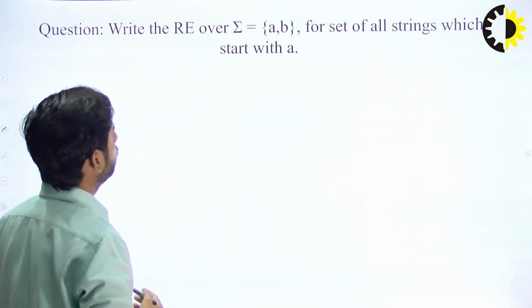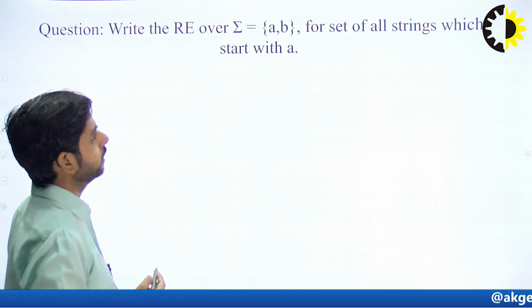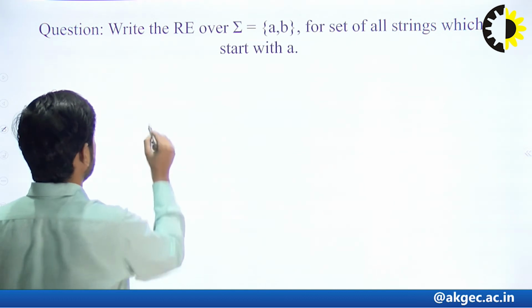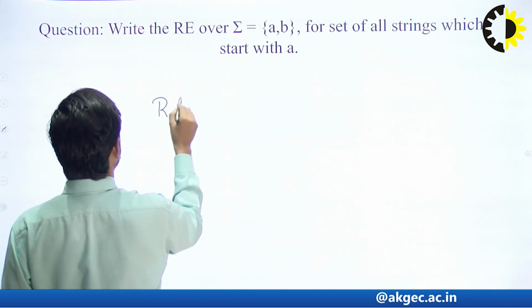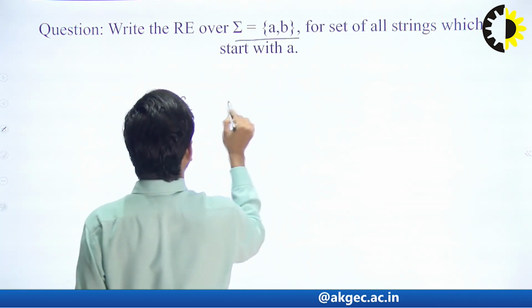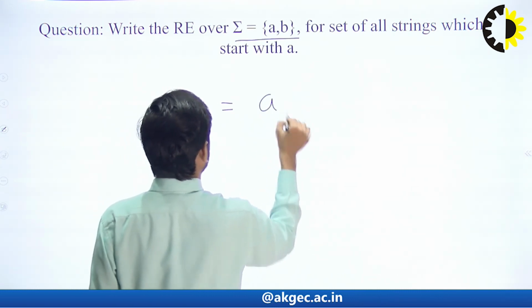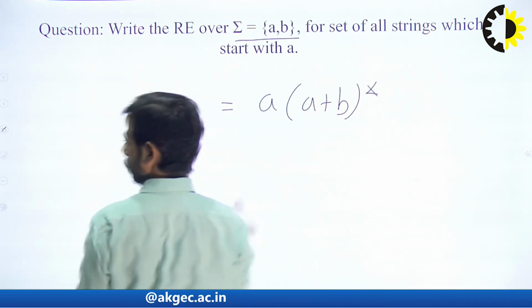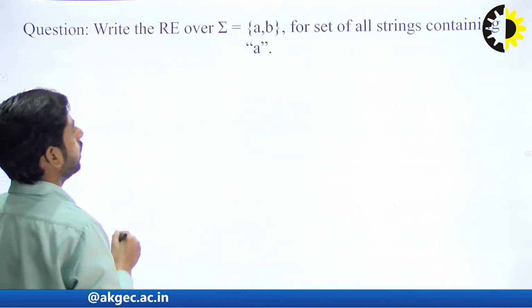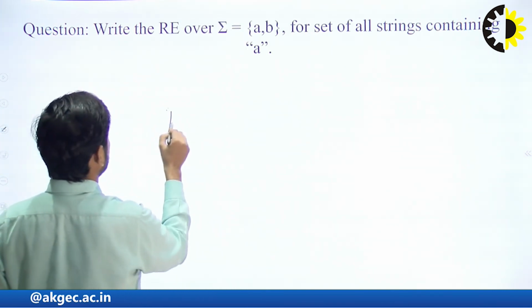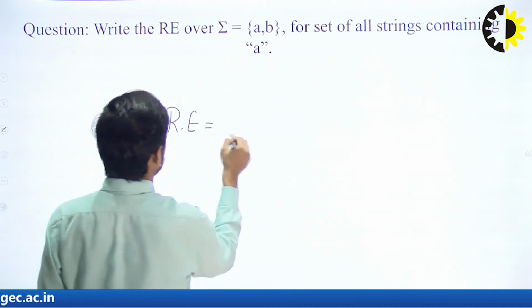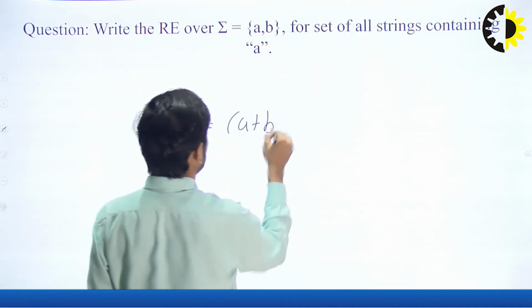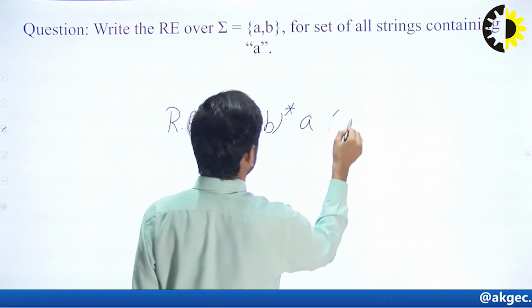Next, for set of all strings which start with a. So the regular expression over sigma equal to {a, b} start with a, and there can be any number of a and b. All strings containing a. So the regular expression will be (a+b)*a(a+b)*. It will contain a.